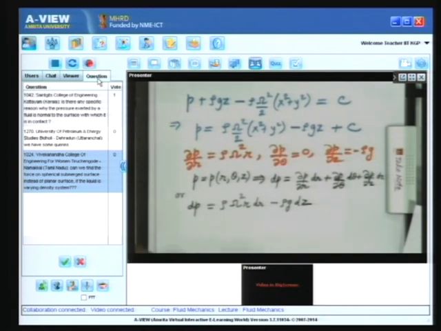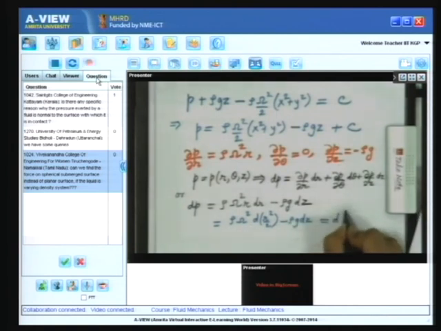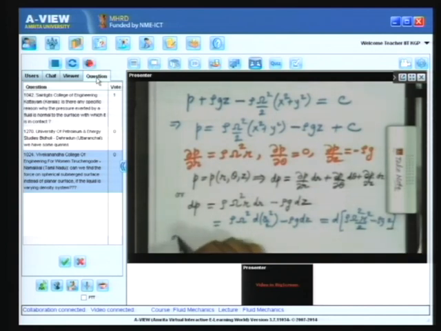So, this I can write as rho omega squared d of r squared by 2 minus rho g dz, or since rho omega squared is a constant, I can write it as d of rho omega squared r squared by 2 minus rho g z, or in other words d of p plus rho g z minus rho omega squared r squared by 2 is 0.